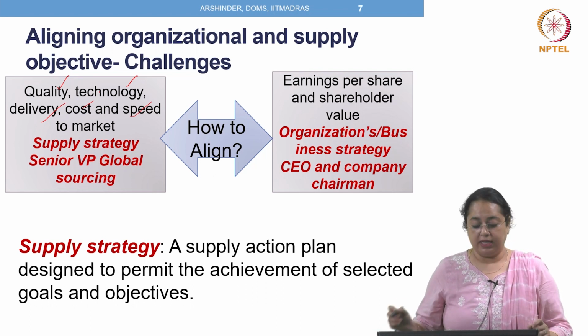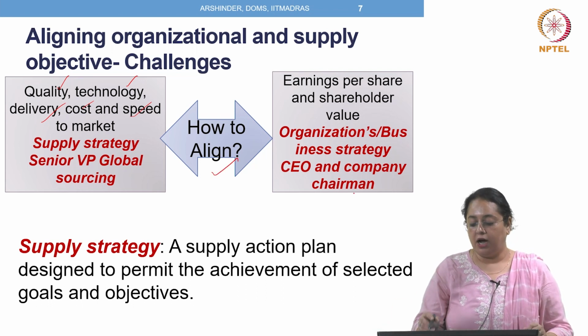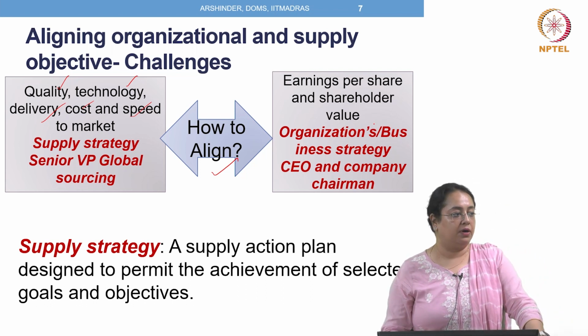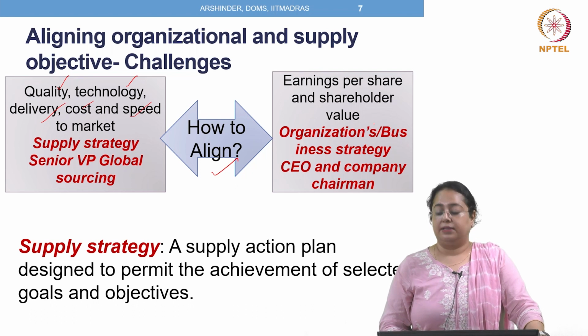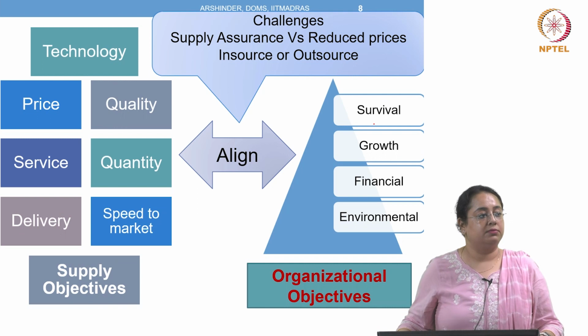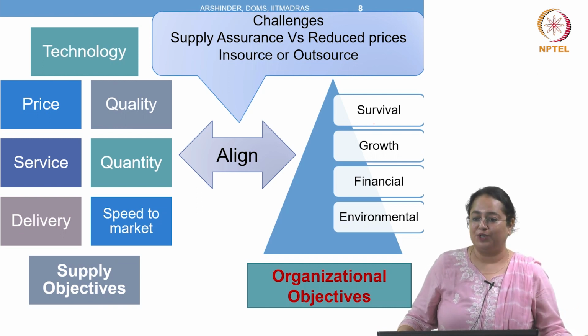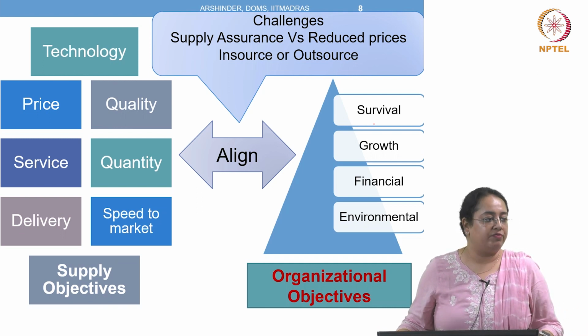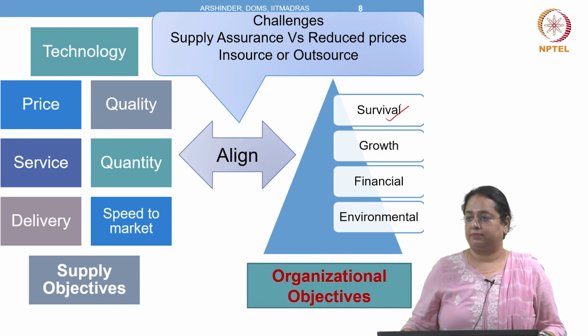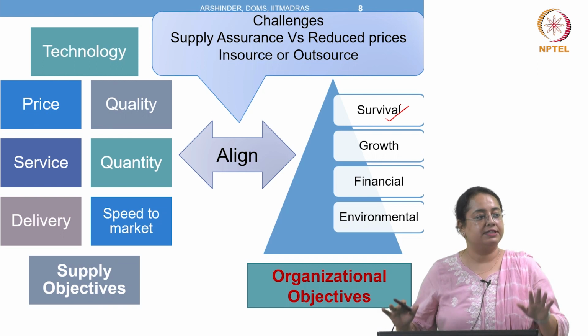The important thing is it should be aligned with the organization's strategy, right? The organization's goal. Then only would the organization pay attention to the purchasing or procurement function, correct? For example, survival of an organization.